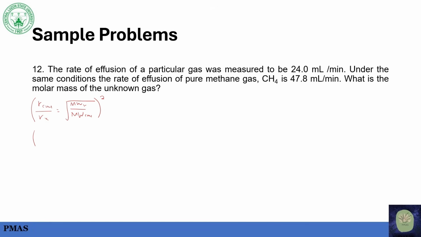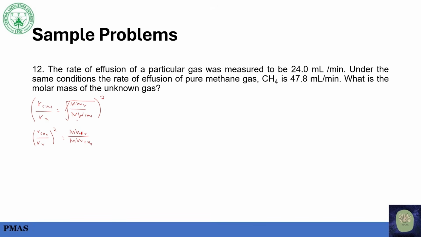We have the rate of CH4 over the rate of the unknown gas, squared, equal to the molecular weight of the unknown gas over the molecular weight of CH4, since the square root will be cancelled.